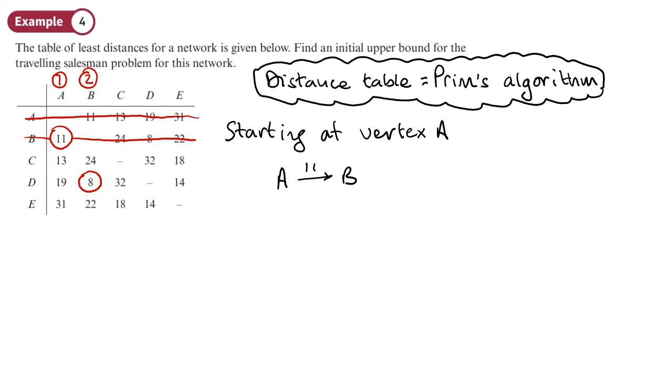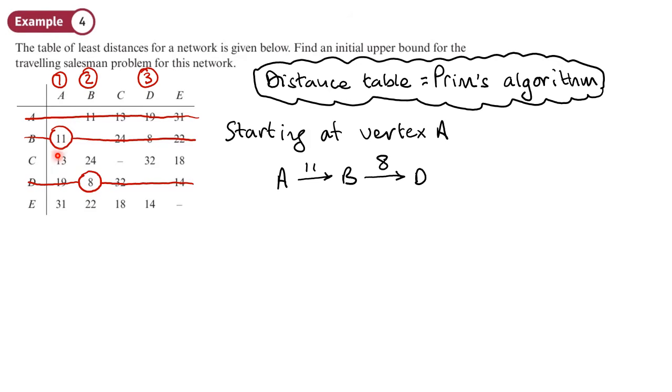So the next vertex to be added is D, with a weight of 8. We cross out row D and look at column D, which we'll label 3.